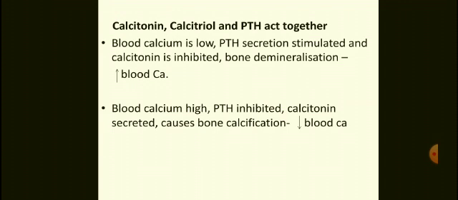And when the blood calcium level is high, PTH secretion is inhibited. That time calcitonin is secreted and this calcitonin causes bone calcification. So there is entry of calcium from blood to the bones, and the blood calcium level will decrease.